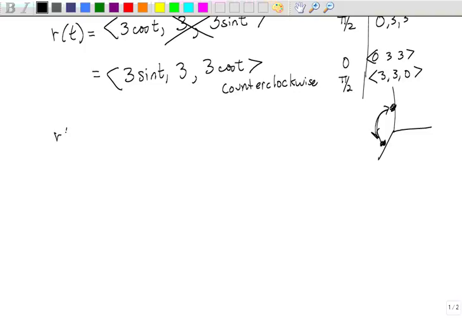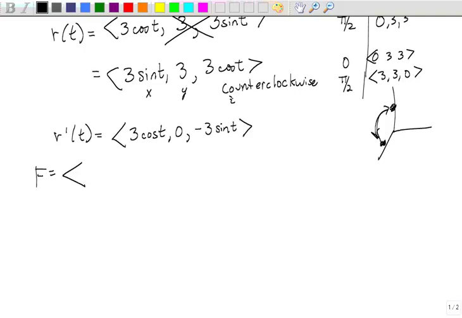Okay, so r prime of t, and F is going to be taking x, y, and z and plugging it in.